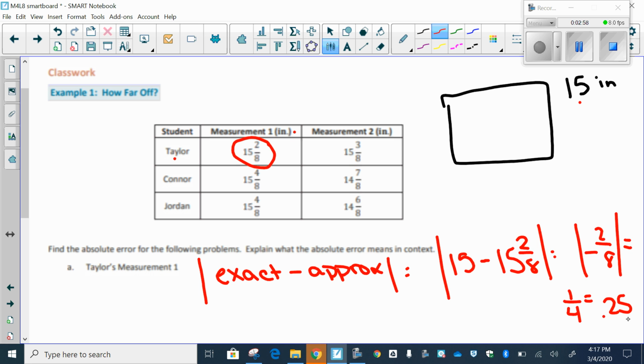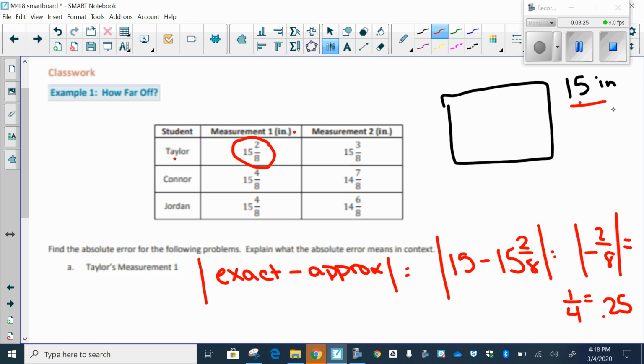Wow, there's a lot packed into that problem. Let me talk about that one again. The formula for absolute error is the absolute value of exact minus approximate. The exact is what something truly is. And we're told that the company says this TV is 15 inches.